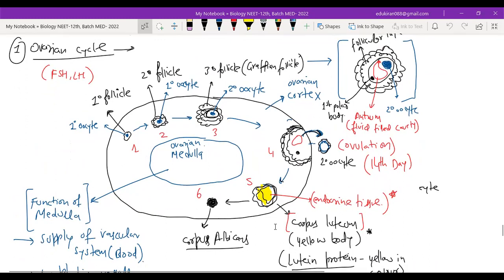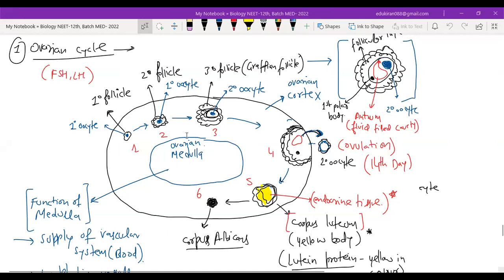Okay, Matthew is not able to use the mic right now, so continue, Fatima, with the Graafian follicle. The Graafian follicle has a follicular layer, and inside it is a fluid-filled cavity called the antrum, and also the secondary oocyte and the first polar body.